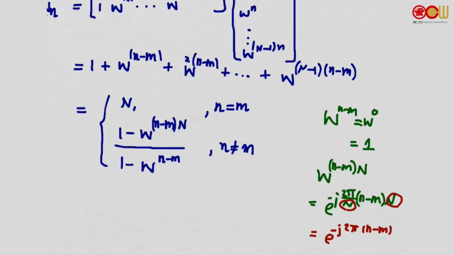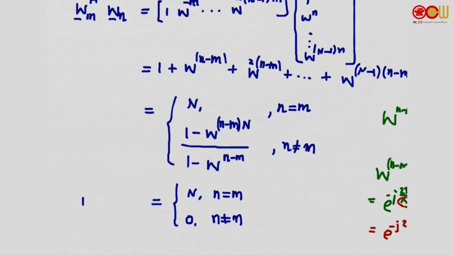What is this thing? It will be an integer multiple of 2π, right? So this is actually equal to 1. So we have a 1 here, and this one is also 1. 1 minus 1, we get a 0. In other words, this is equal to N when n is equal to m, and this is 0 when n is not equal to m.